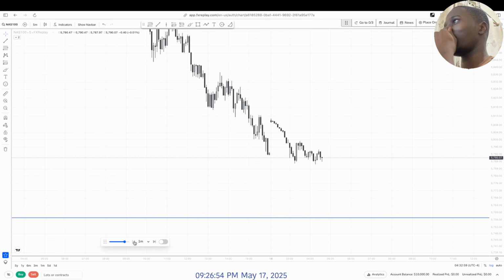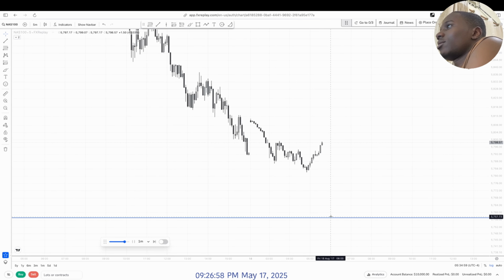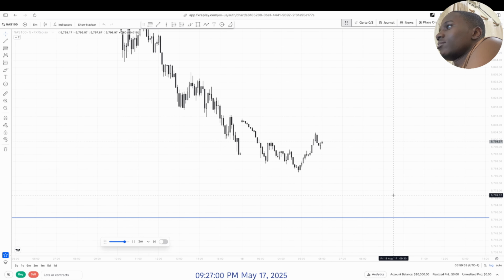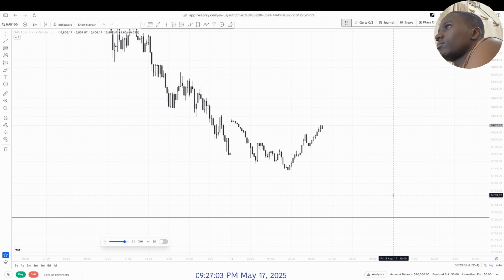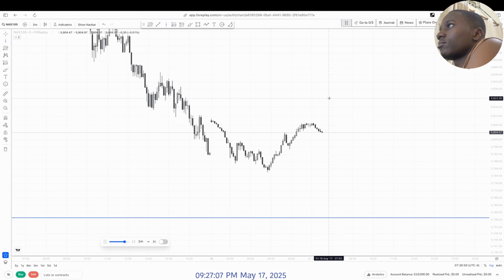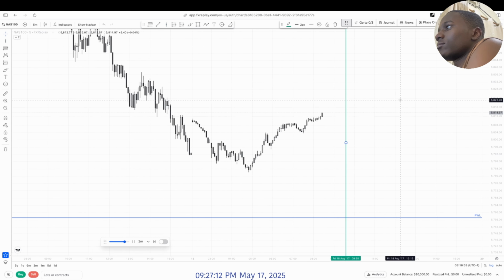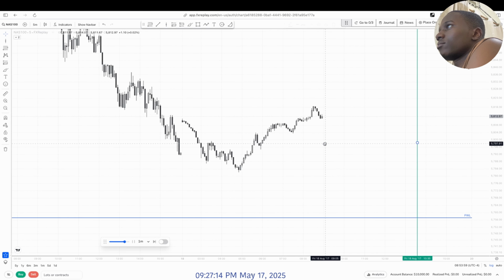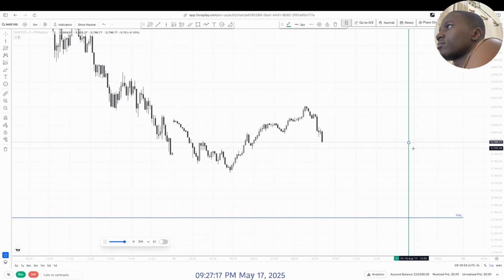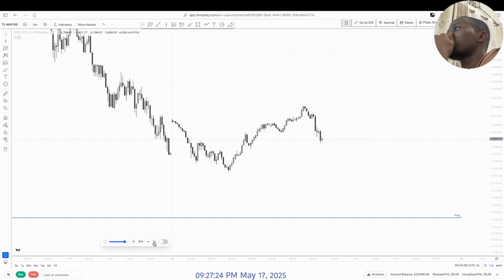Maybe by 9 we might expect a full drop into this zone, this previous weekly low. So 9:20, 9:25, 9:30.